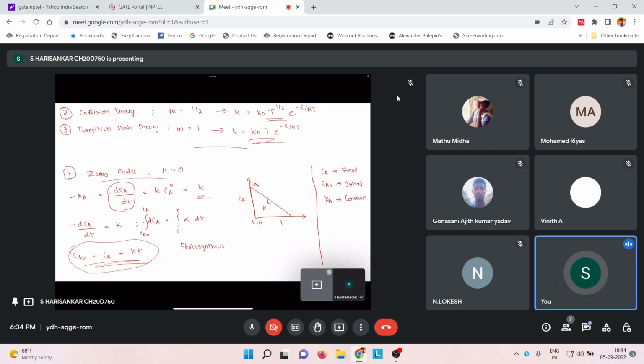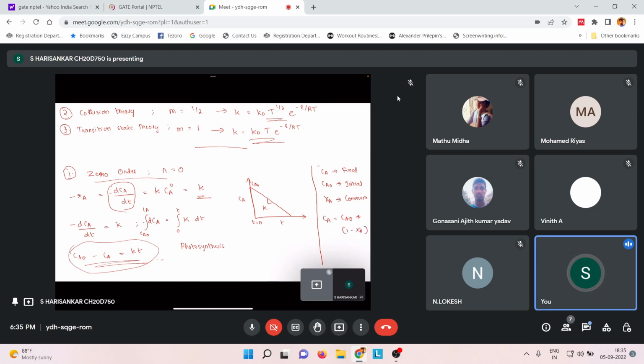So XA, or conversion, means how much of your initial reactant is being converted to the final product. So we can actually correlate CA0 and CA using this conversion. CA is equal to CA0 into 1 minus XA.